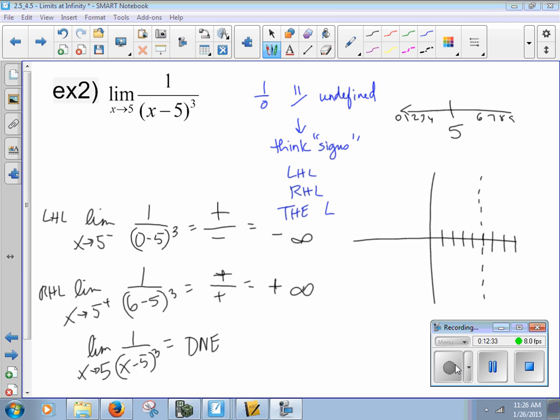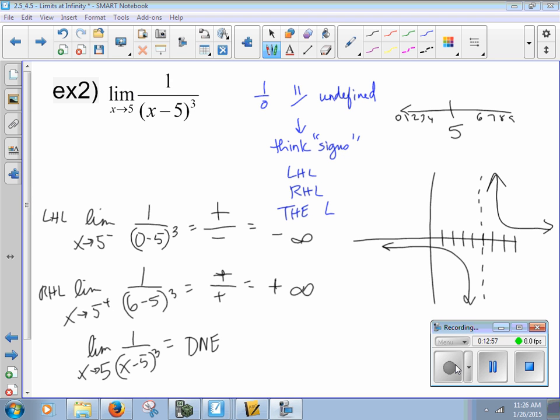What's happening to this function as I'm approaching 5 from the left? Where's it going? It's going down to negative infinity. What's happening over here to the right? It's going up.